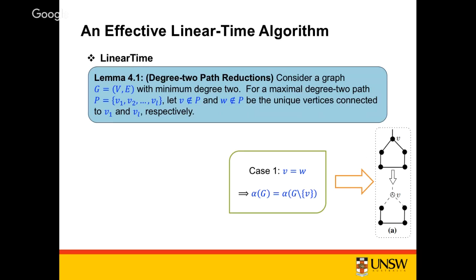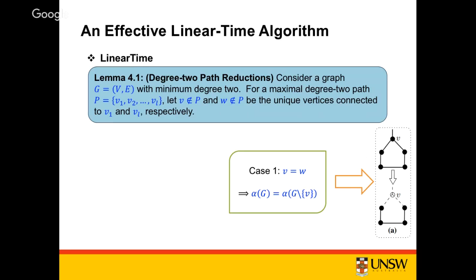Let P be this maximum degree 2 path, and V and W are the 2 neighboring vertices of the path P. V is adjacent to V1 and W is adjacent to VL. Then we handle this degree 2 path individually for each different case, depending on how V and W are connected or whether they are the same.